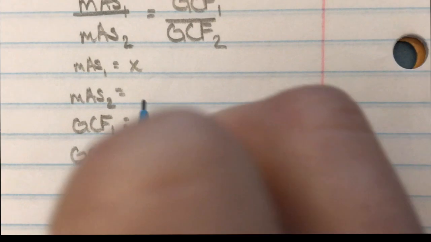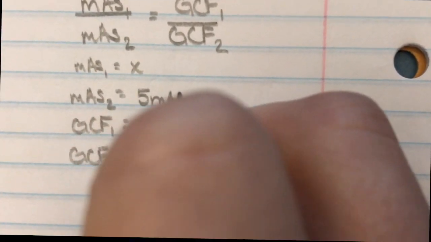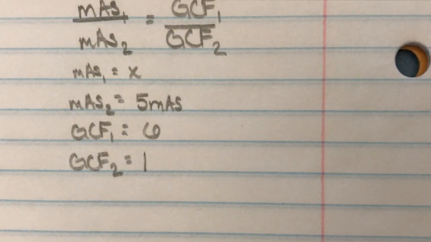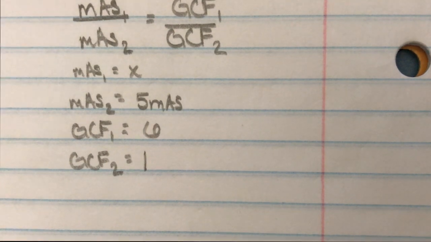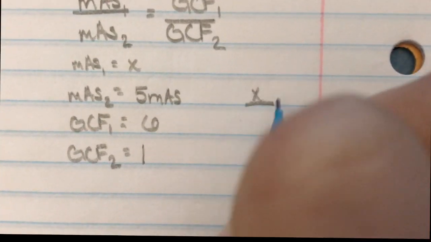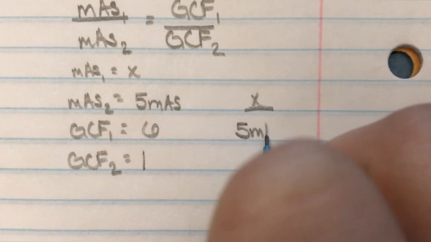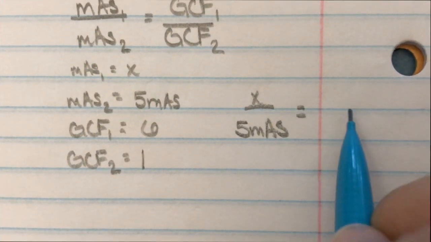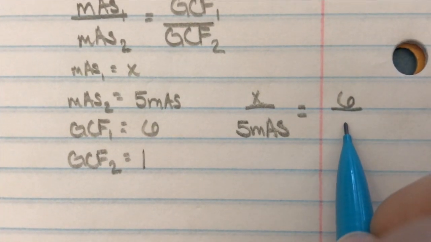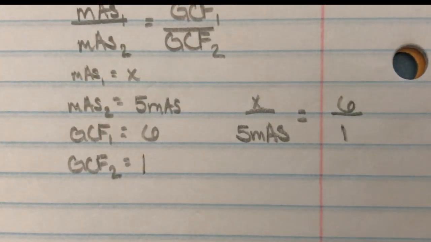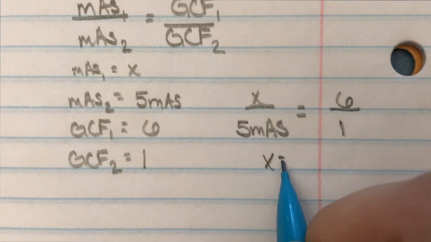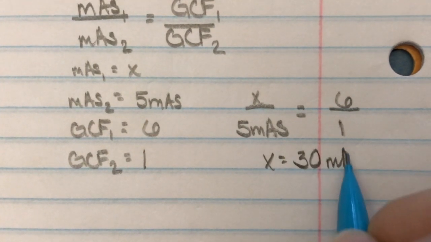And we used 5 MAS with no grid, which is a grid correction factor of 1. Plug all that in. Do I have room for this? Hopefully. So with our first thing, we don't know the MAS, over 5 MAS is equal to the grid correction factor of 6 over no grid was 1. So cross multiply again. X is equal to 30 MAS.